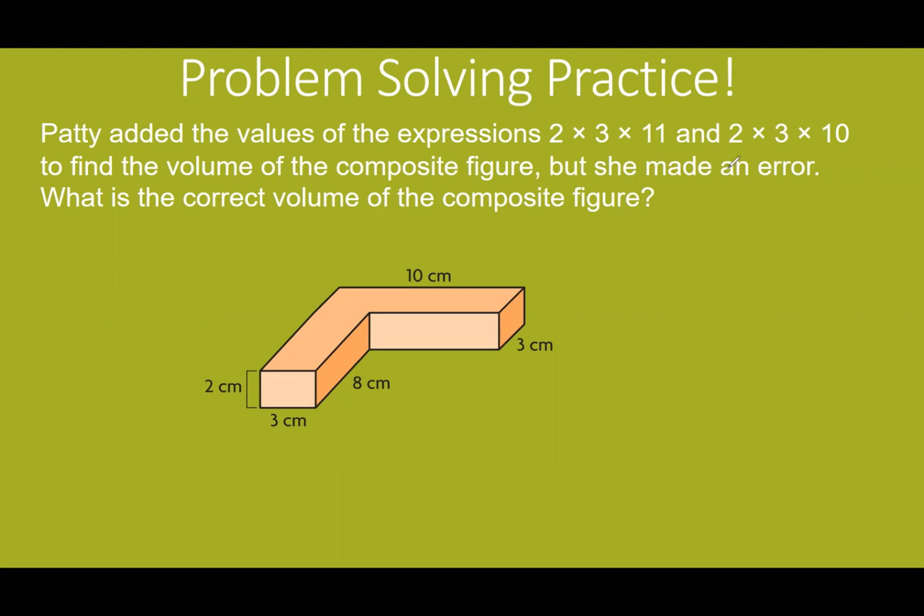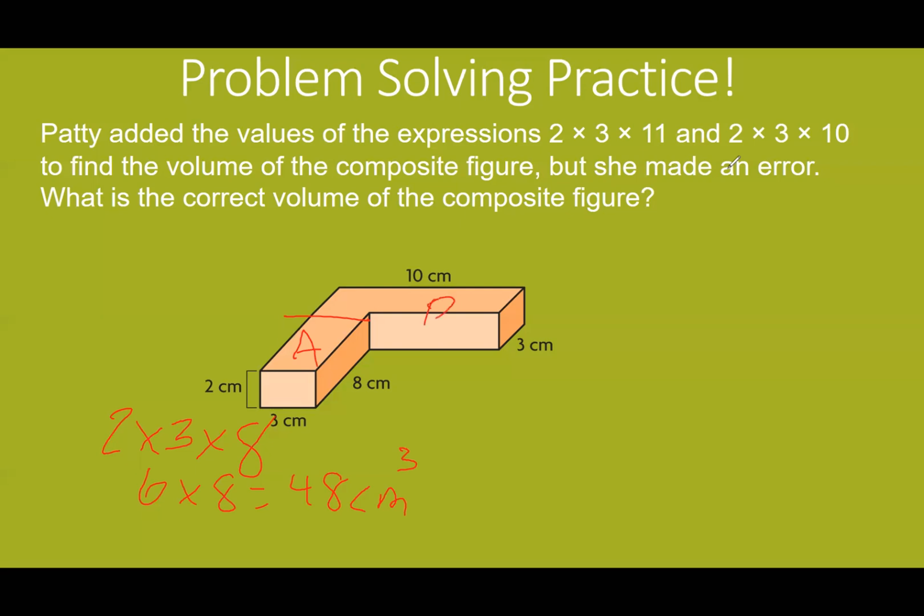Okay, so I'm going to cut mine the way Professor Berger did because that was so easy. And in figure A, we have 2 times 3 times 8. And I know that 2 times 3 is 6, and 6 times 8 is 48 centimeters cubed.